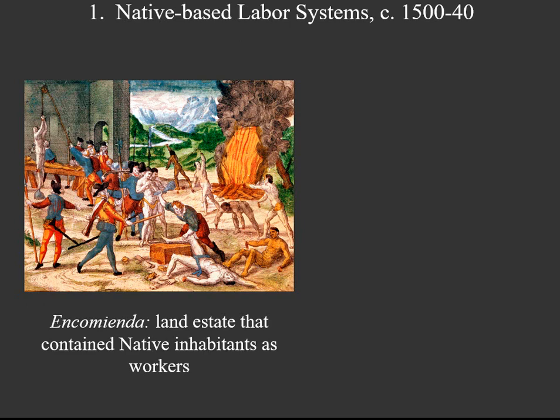And historians even estimate that by the mid-1500s, only about 5% of the Spanish population in a place like New Spain actually owned an encomienda. So it's literally the wealthiest 5% own virtually all of the farmable land in the colony. And again, these are mostly the families from the original conquistador generation.